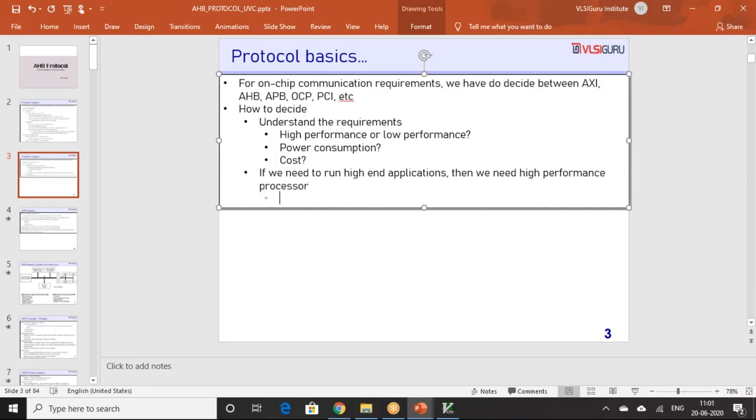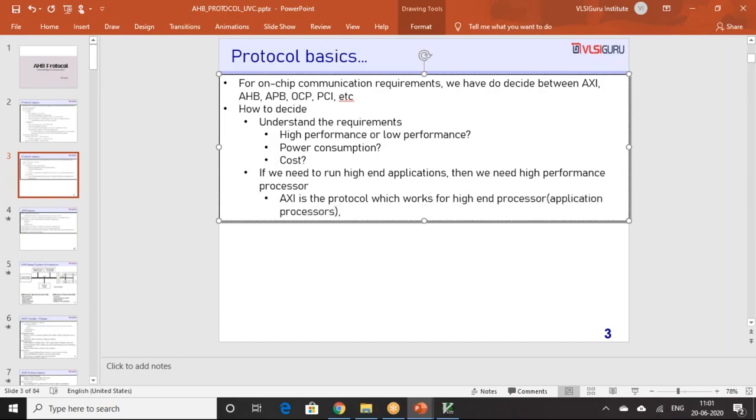So AXI is the protocol which works for high performance processors, high-end processors. That is what we call application processors. In that case, we need to use the AXI protocol.